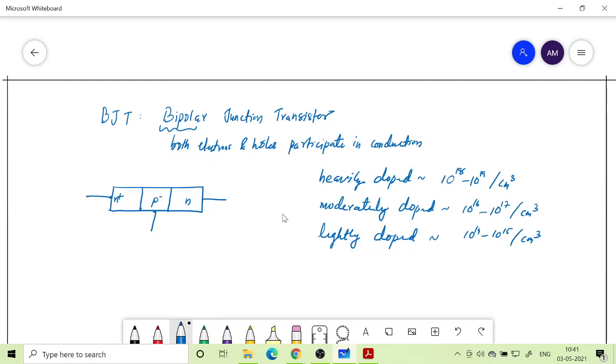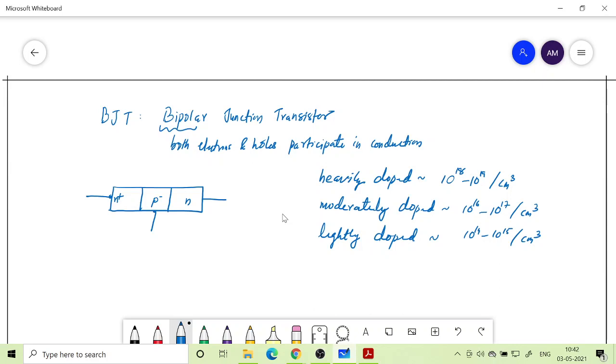Depending upon whether it is a P region or N region, you will have donor impurity or acceptor impurity. If you put in donor impurity, you get N-type. Acceptor impurity, you will get P-type.